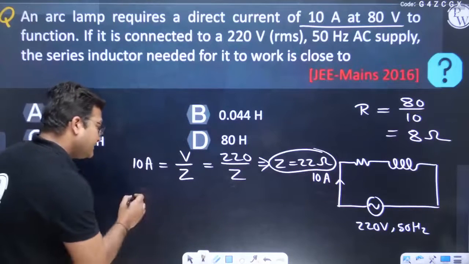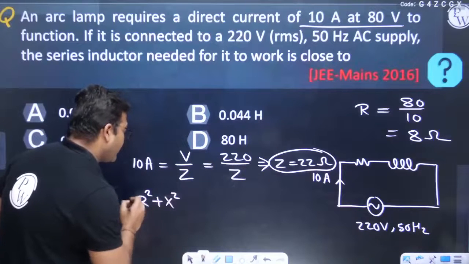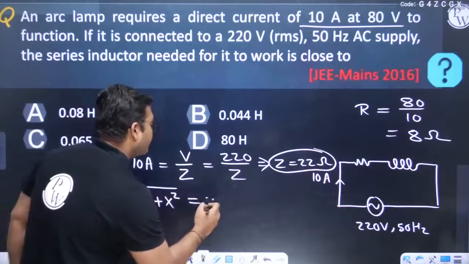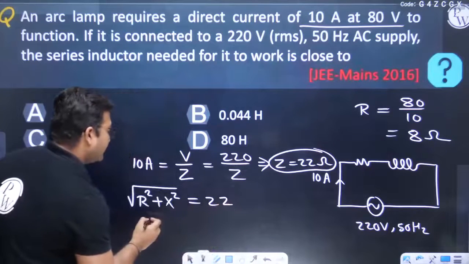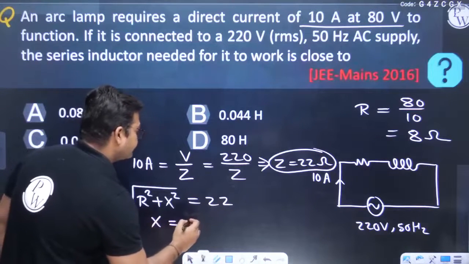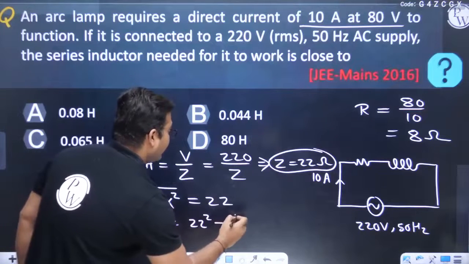And as Z is equal to the square root of R square plus X square, which is equal to 22, we now know X is equal to the square root of 22 square minus 8 square.